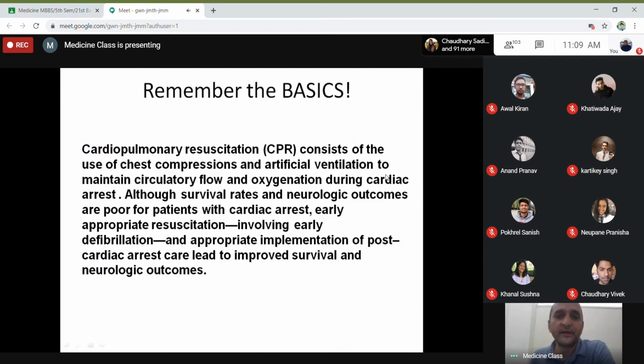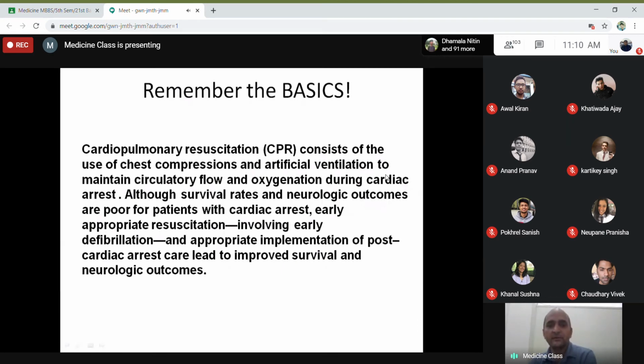Remember the basics. Cardiopulmonary resuscitation consists of chest compression and artificial ventilation to maintain circulatory flow and oxygenation during cardiac arrest. So CPR basically has two parts. One, you compress the chest. I'll come to how to compress, how fast and how strong.